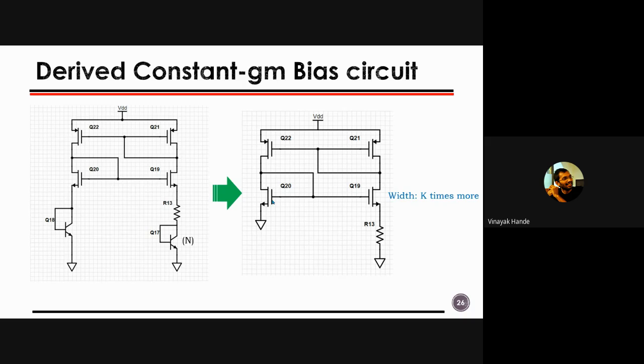That I did not mention. When K is equal to 4 only, generally you will get the constant GM bias circuit, where this R value should be 1 upon GM of Q20. This information you can get in Baker or Razavi, Paul Gray, any book under the name of constant GM bias circuit, right?